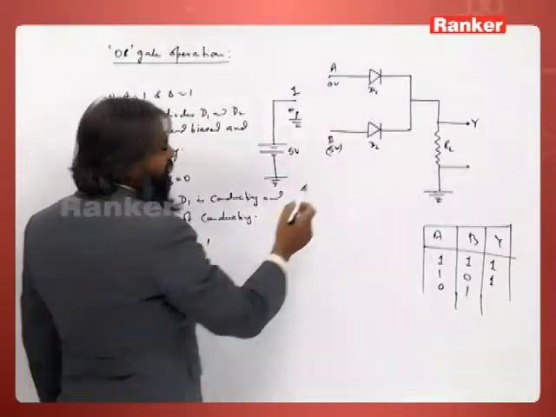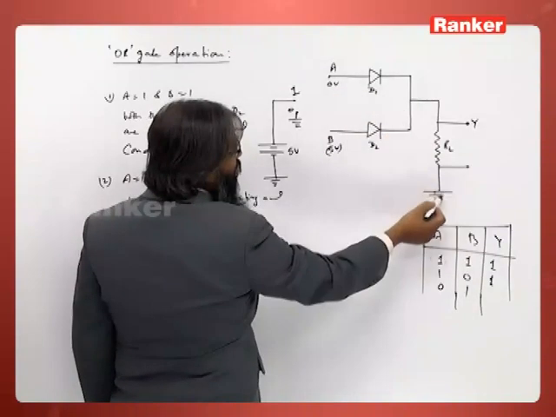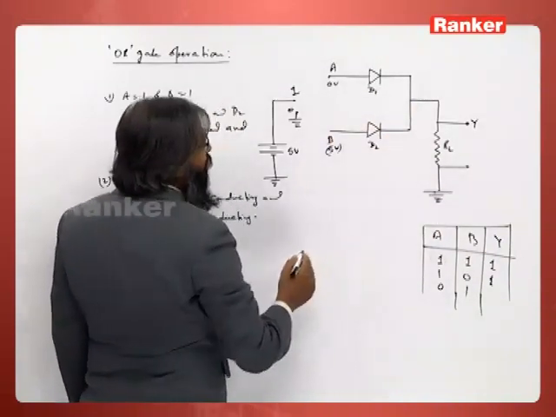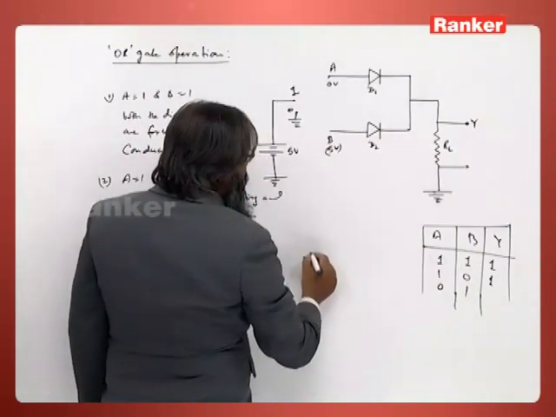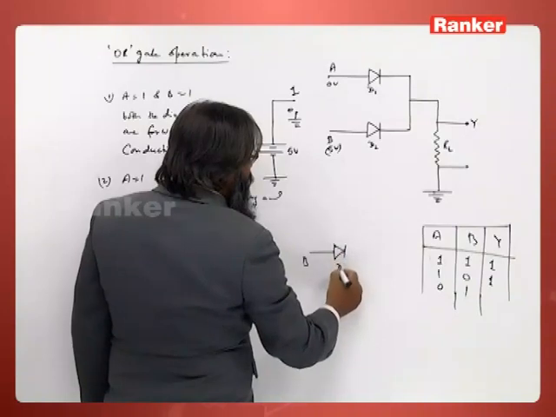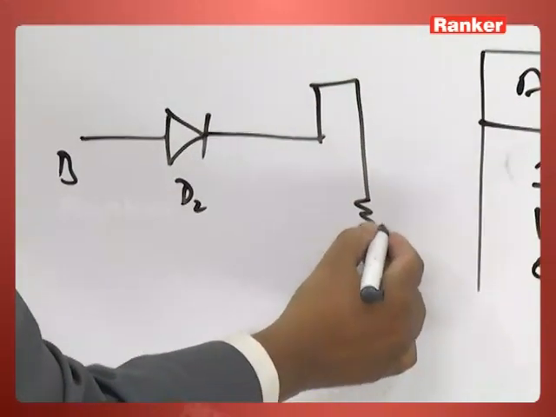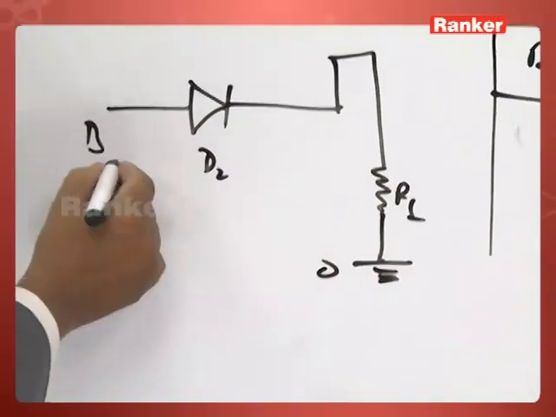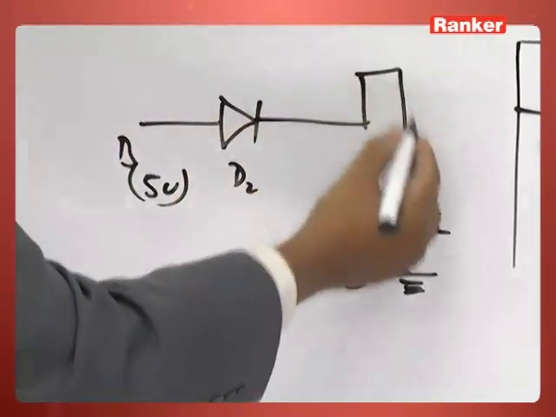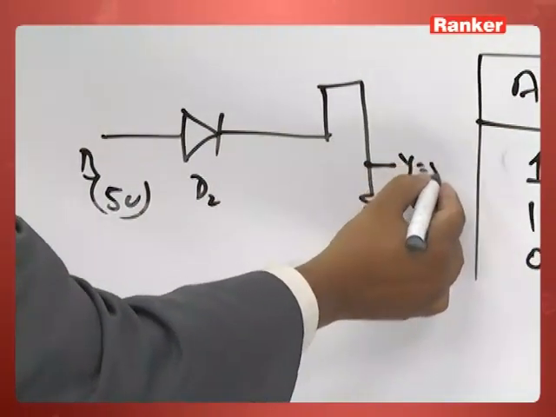In this case, D2 is forward biased and this is 0 volts, so no current flows here. The current flowing through D2 goes like this. This is the load resistor, this is 0 volts, this is 5 volts. So, current will begin to flow and here you will again get Y equal to 5 volts.